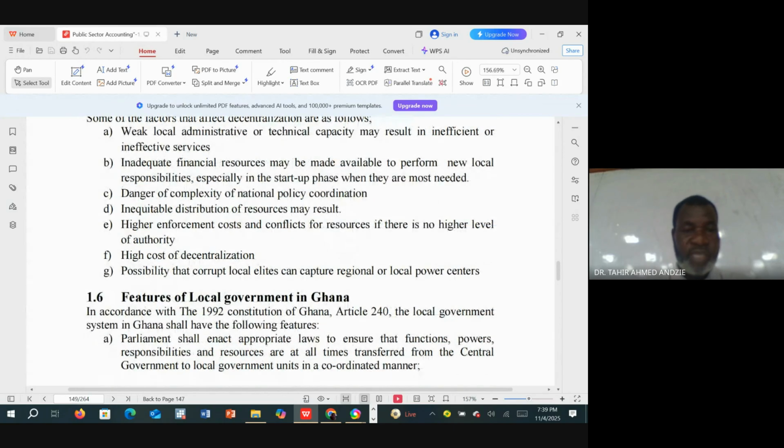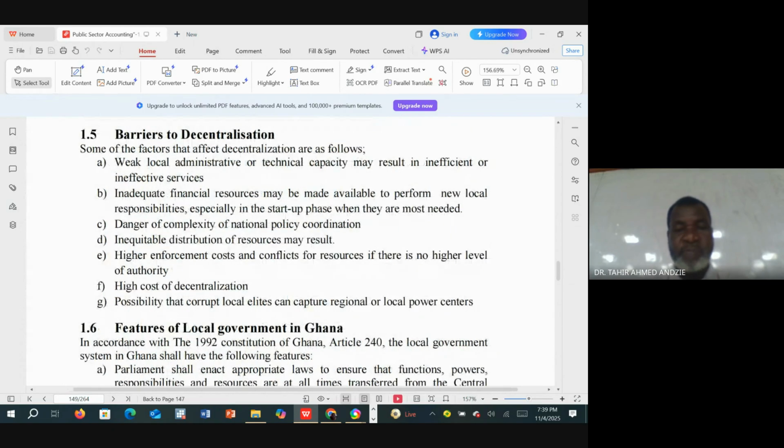Then we have inadequate financial resources that may be made available to perform new local responsibilities, especially in the startup phase where they are most needed. Some of these assemblies may be new, and others may be in the hinterland. They may not have enough resources.